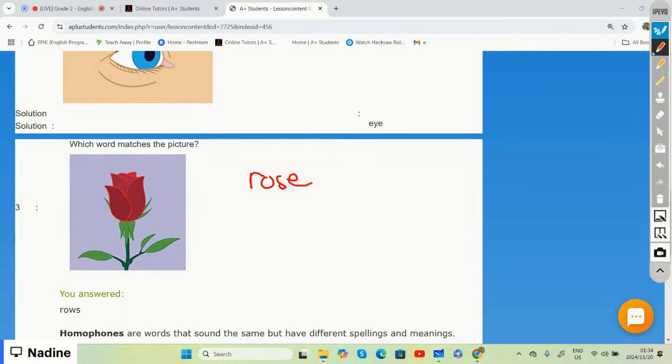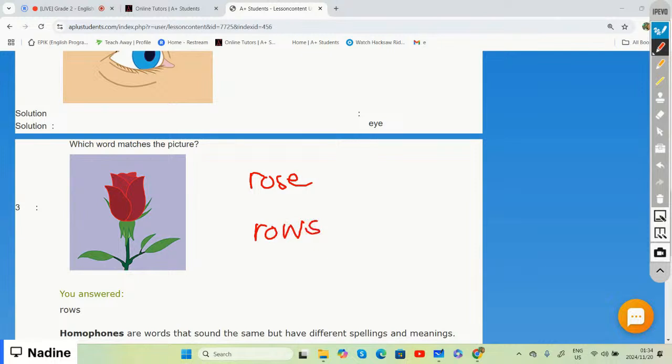It's rose. So we have rose, and then there's another word that sounds the same as rose, which is rows.